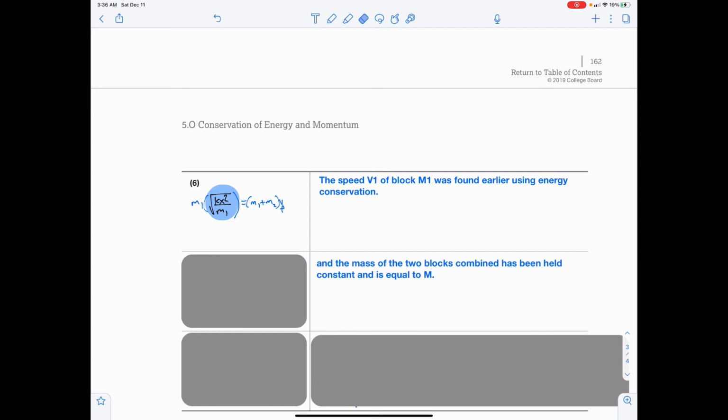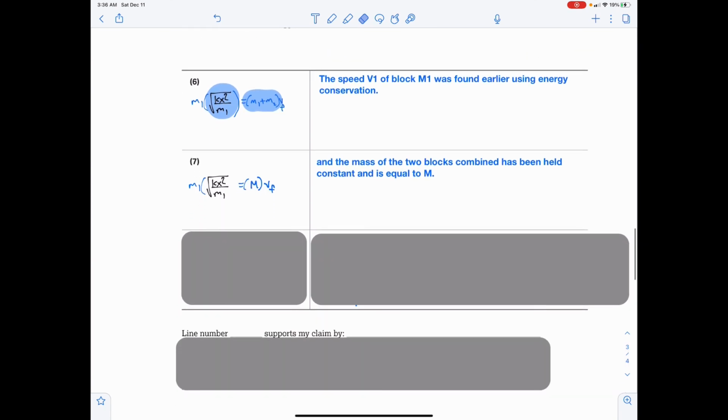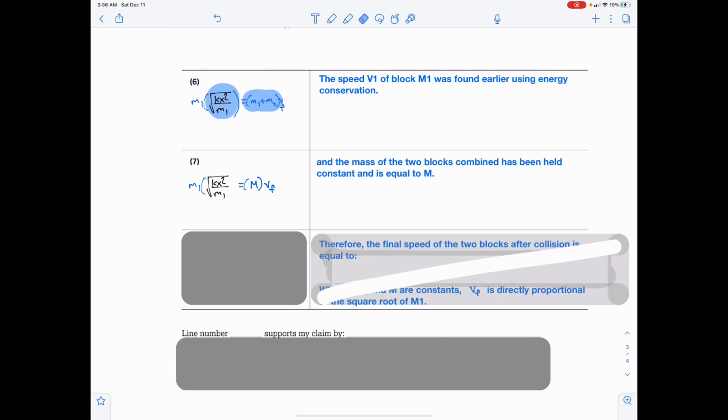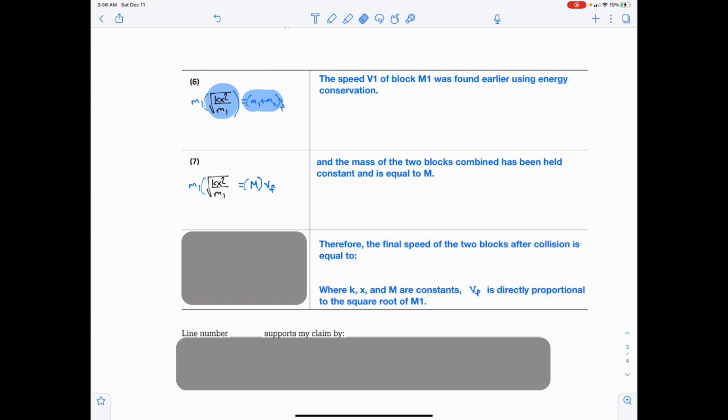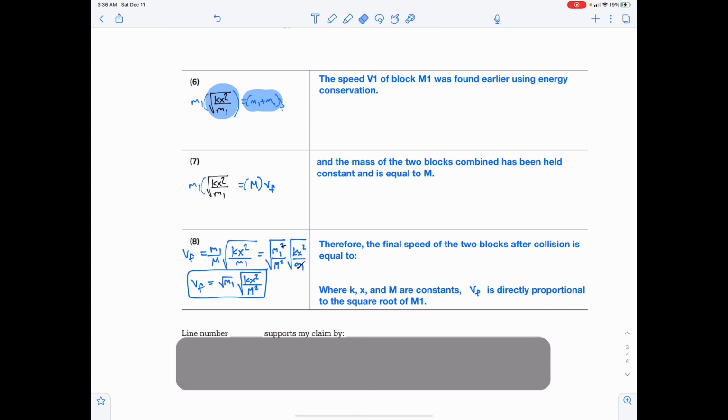And the mass of the two blocks, M1 plus M2, we're now going to substitute for big M. So solving for V final, we get V final is equal to little m1 over big M times the square root of kx squared over m1.